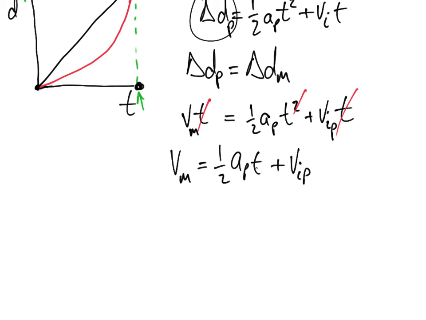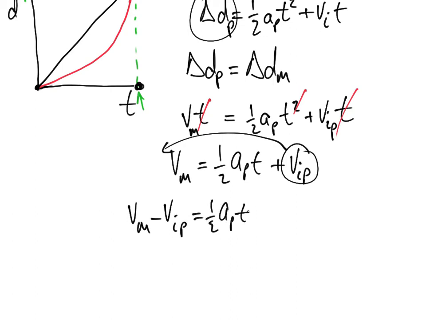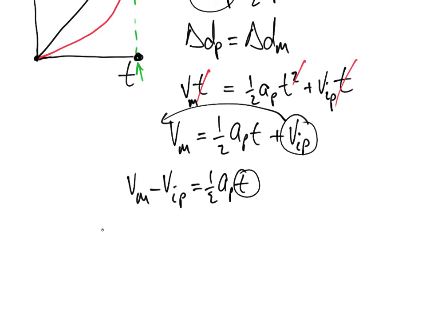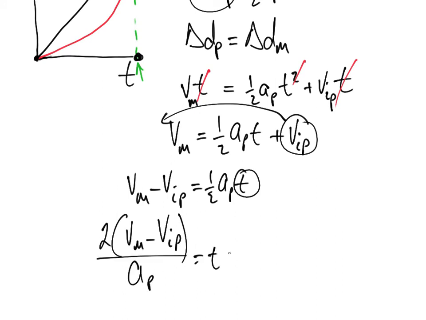And solving for t, we can take this term to that side, but it would have to be negative. Now we have to isolate t, so we're going to multiply both sides by 2, get rid of this 1/2, and divide by A_P. Let's do that all in one step. So we'll go 2 times V_M minus V_iP, divided by acceleration of the police, that's time.